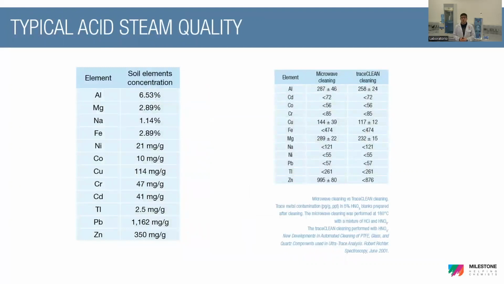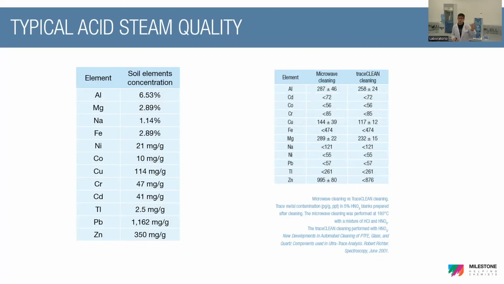Okay, going through the acid steam quality obtained, these slides show you a practical example on a soil sample. After running digestion of soil having a percentage concentration of aluminum, magnesium, sodium, and iron, and other elements in the ppm range, we split the digestion vessels used for this soil matrix into two separate sets.